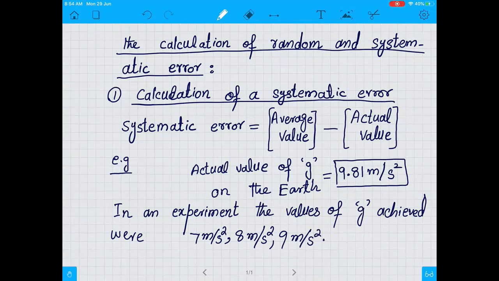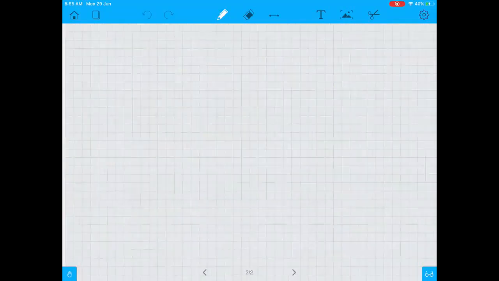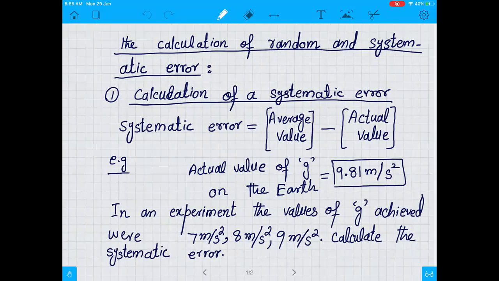Now the question is, calculate the systematic error. Now the first step would be, you need to calculate the average of the data that you collected.